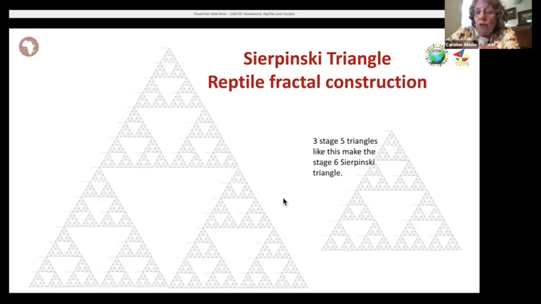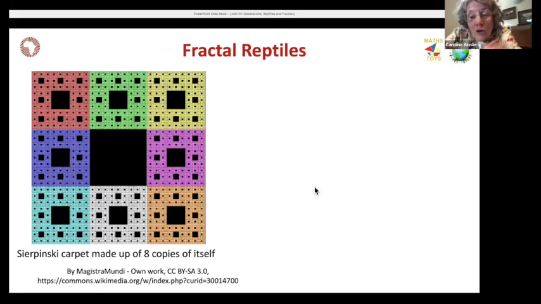Something that a lot of schools have engaged with is everybody makes a triangle or makes a stage of it, and then everybody writes their names or decorates it in whichever way they want, and then they all stick it on a huge wall or on the ground, and they make a huge display, as big as they possibly can, and that's very engaging. It's a lovely activity, and lots of conversation around it.